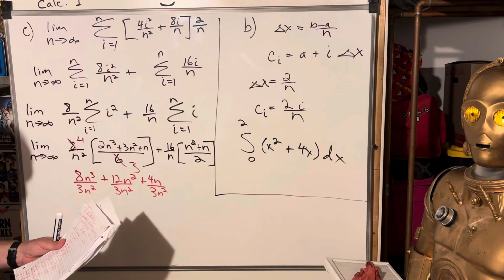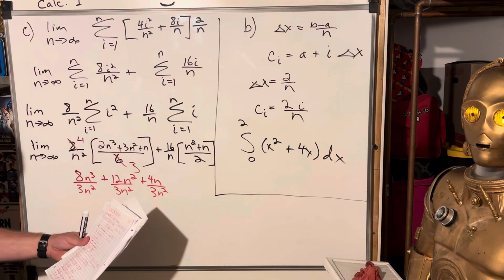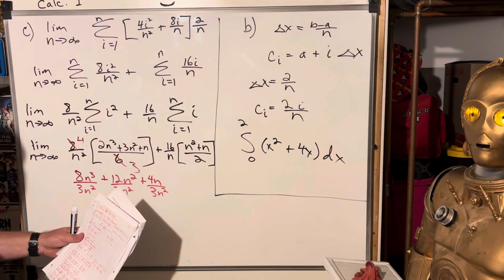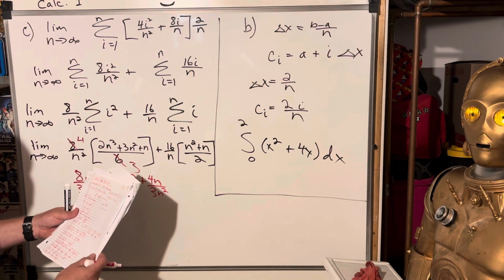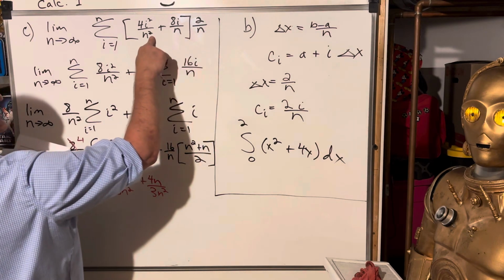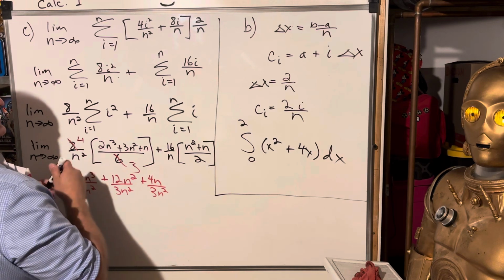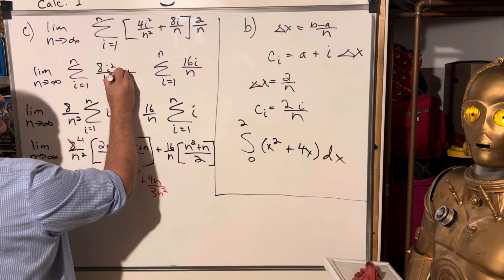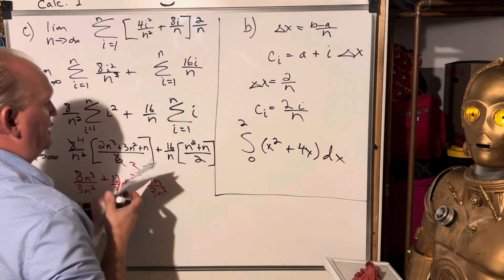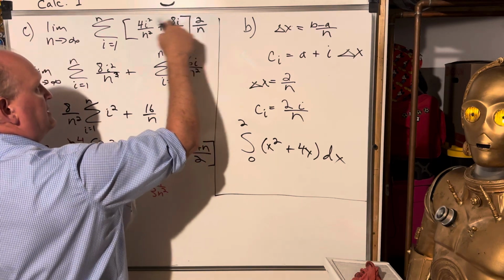Oh wait, that was not n squared though, that was n cubed. Oh, bother. All the way up there, n squared. I had this times this. Sorry, make those 3s. And then 16, this is n squared. I left that out when I did the distributive property.